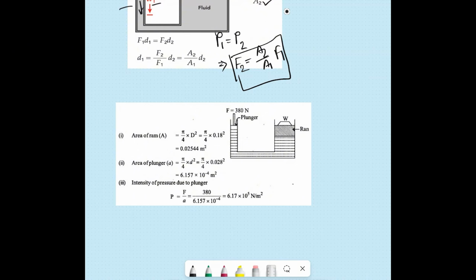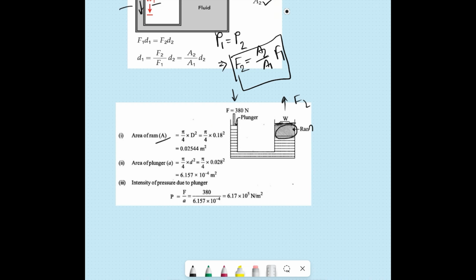Here is an example. Say the smaller piston force is F1, and obviously the other force will be F2. The very first question: the area of a ram. So this is actually the ram, and we have to find out how much area could be here.